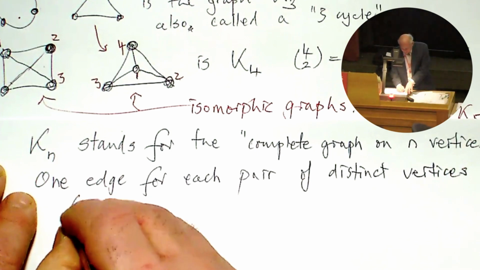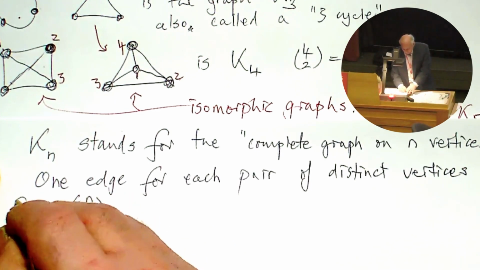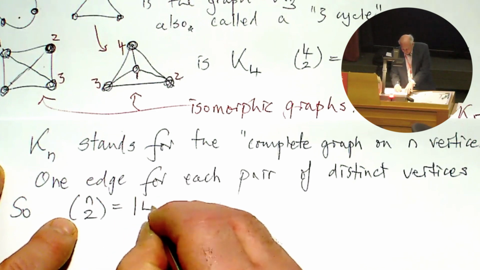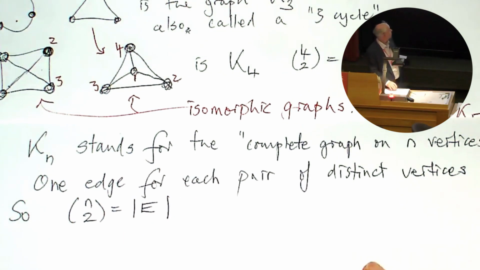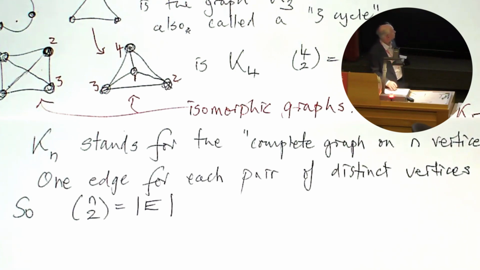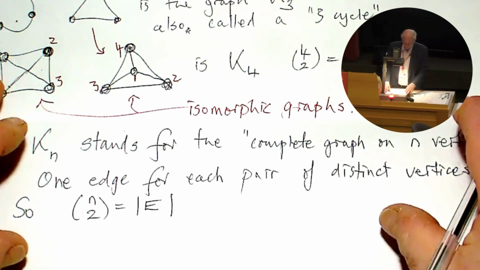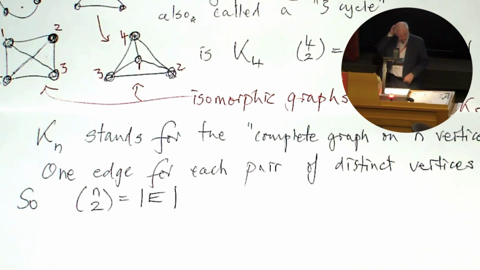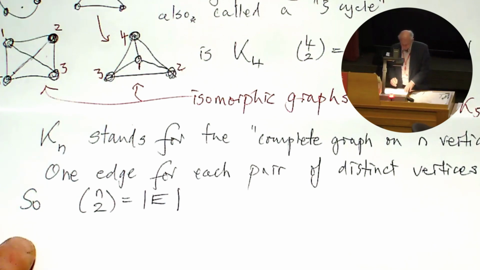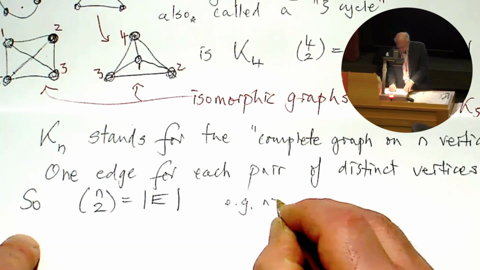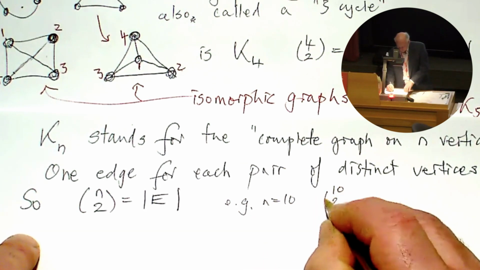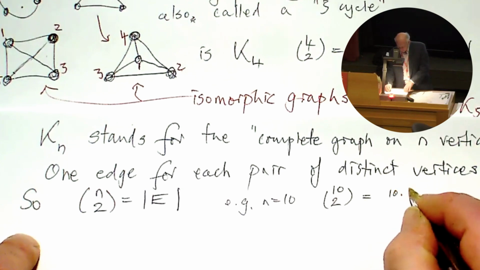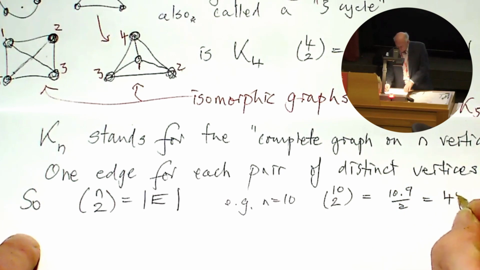So what does that mean? It means it has n choose 2 edges. So the size of the set of edges is n choose 2. And once n is bigger than 5, it becomes a bit of a pain to draw because there are lots of edges. If n were 8, there would be 28 edges. For example, if n is 10, then you have 10 choose 2. What's that? That's 10 times 9 over 1 times 2. That's 45 edges.